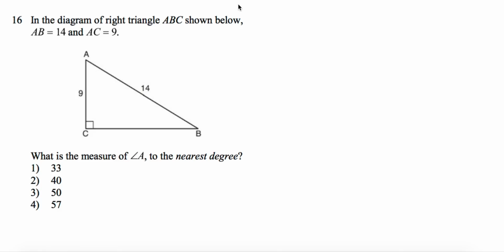So let us look at number 16 here. We know that AC is equal to 9 and AB is equal to 14. We look at this angle A, and we realize that the 9 and 14 are in the ratio of cosine. So we can say cosine of angle A must be equal to 9 over 14. Now then, what is A?